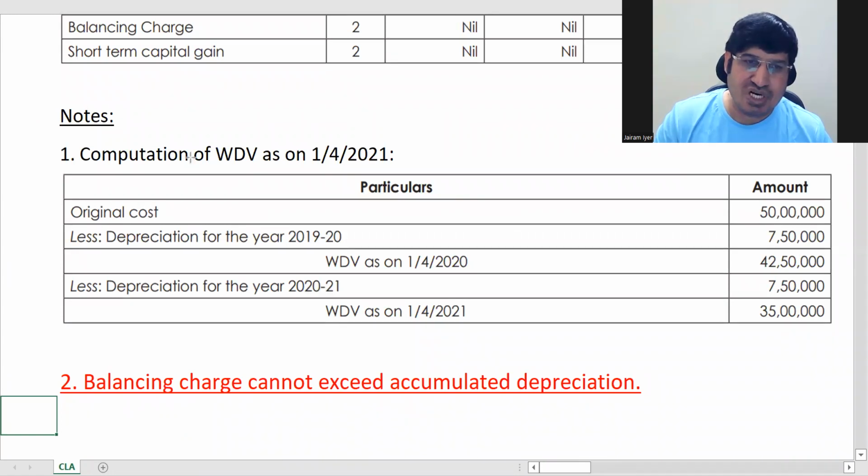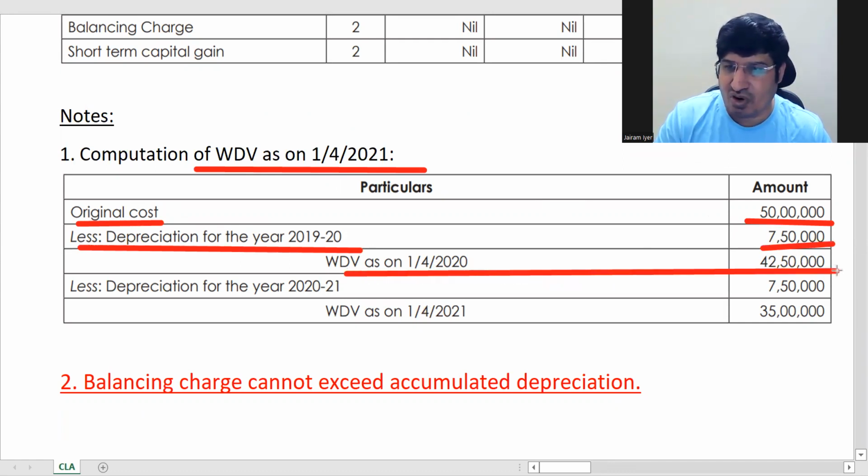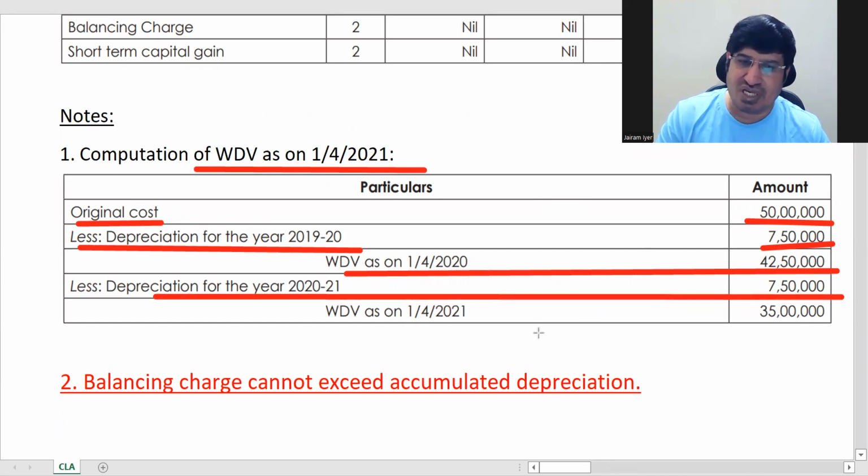Computing WDV on 1/4/2021. Original cost is 50 lakhs. Depreciation for year 2019-20 is 7,50,000, and WDV on 1/4/2020 is 42,50,000. Then depreciation for 2020-21 is again 7,50,000.